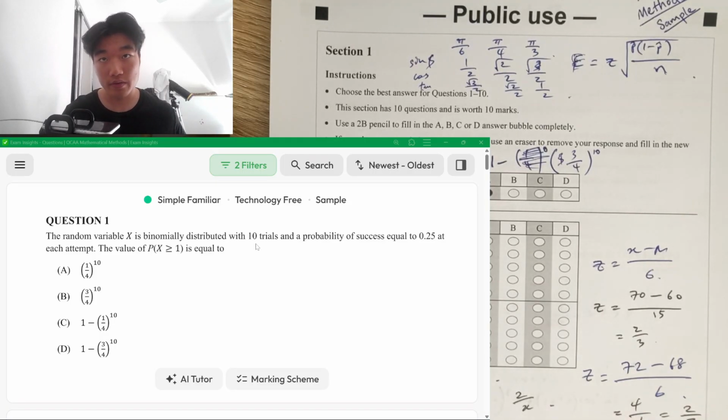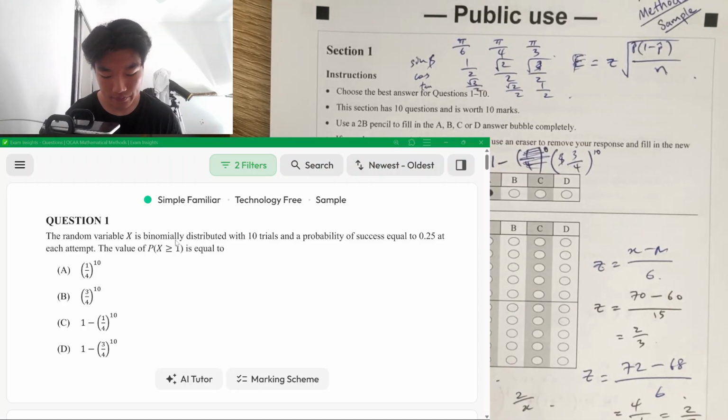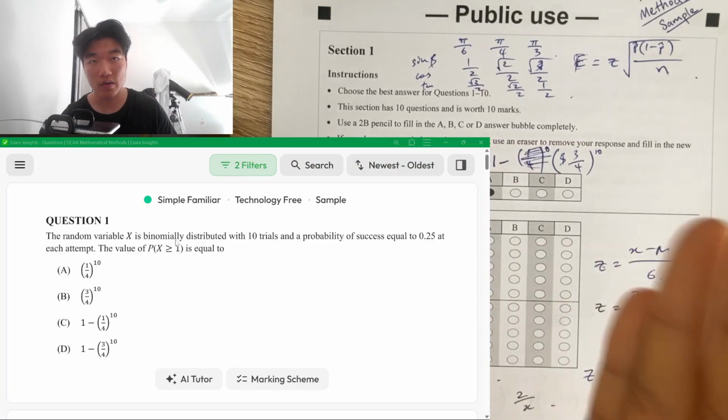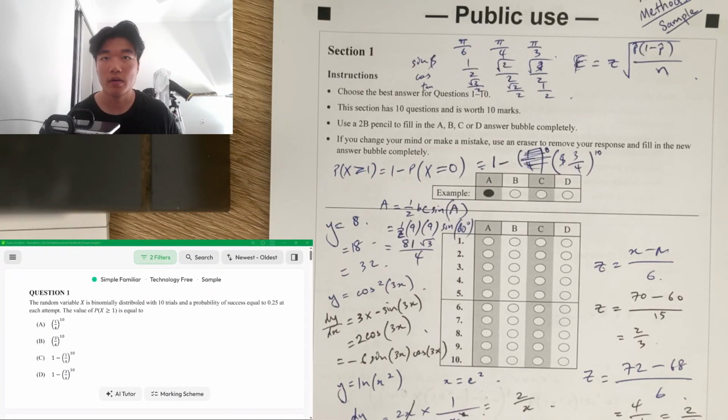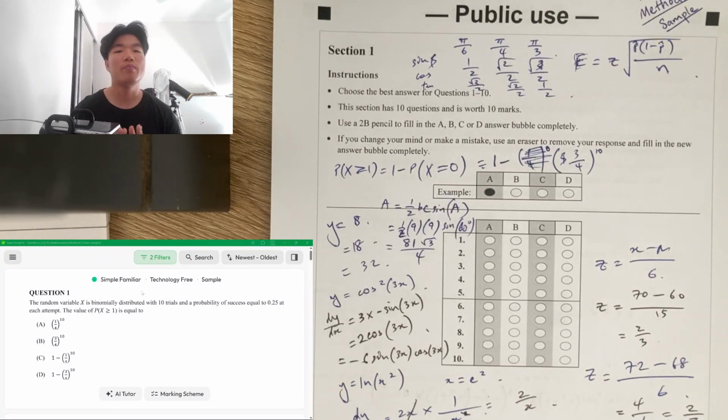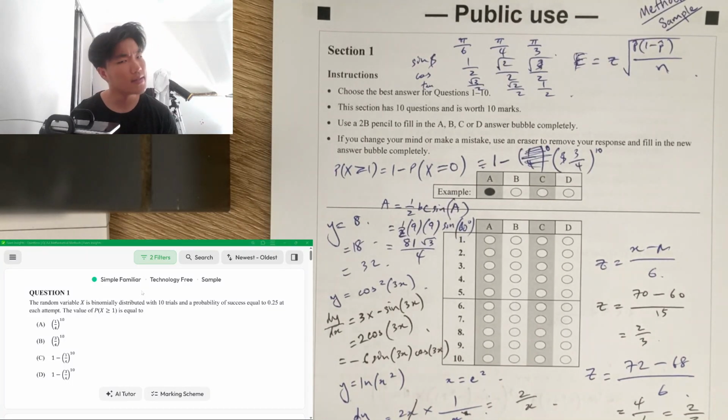Immediately, what we should be thinking is we don't want to calculate the probability of getting 1 and the probability of getting 2 up to 10, right? That will be very time consuming. It will probably be correct, but we want to be efficient in an exam. We do not want to be spending more than 5 or 6 minutes on one multiple choice question.